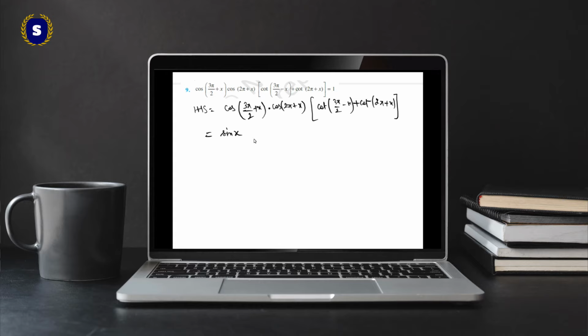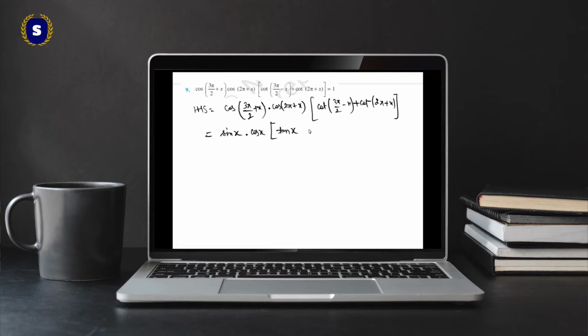So this is converted into sin x, and then cos(2 pi plus x) will be cos x, right? And cot(3 pi by 2 minus x) will convert into tan, and the angle will remain x, and the sign is positive because the angle is in the third quadrant, and in the third quadrant we have cot positive only.